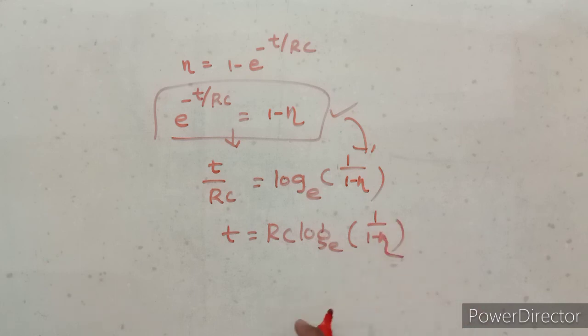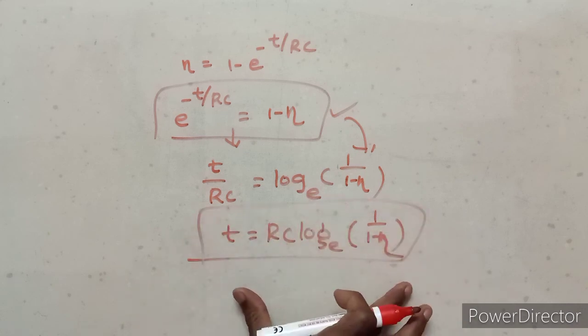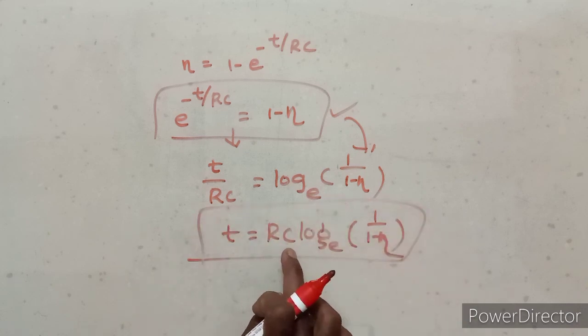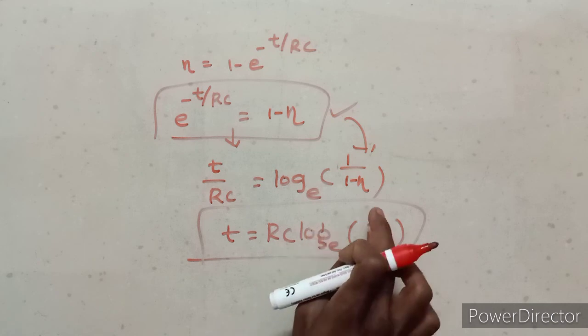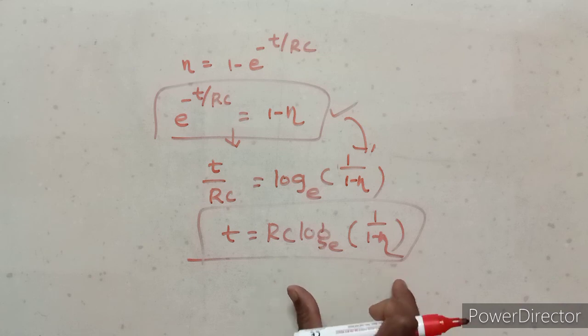Then T equals RC log to the base e of 1 upon 1 minus eta. This is the time period. Time period equals RC log to the base e of 1 upon 1 minus eta.